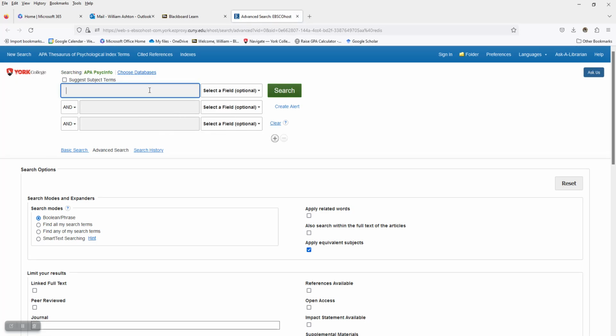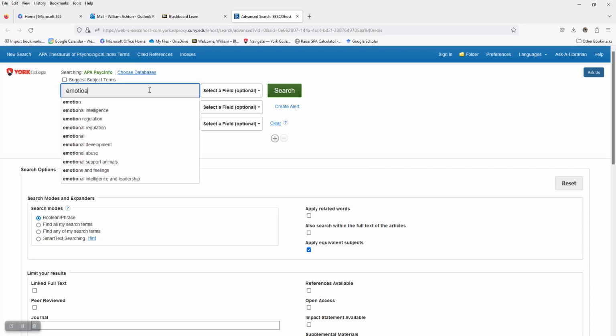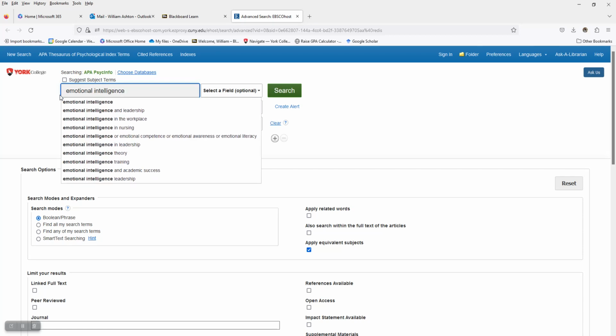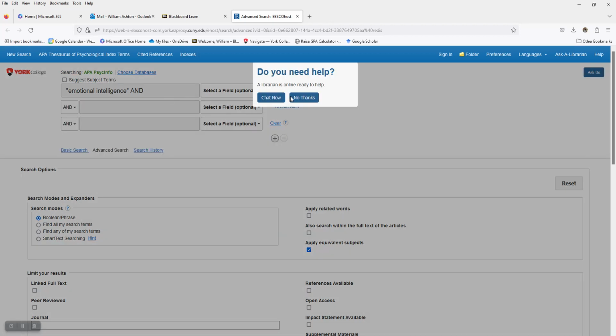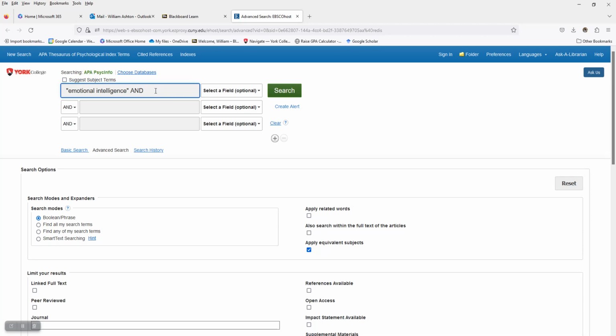I'm going to be looking for, let's see, there's a microphone in front of my keyboard so you can hear me, but now I can't type. Emotional intelligence. I'm going to put that in quotes so EBSCO recognizes it. And no thanks, I don't want to chat with a librarian.